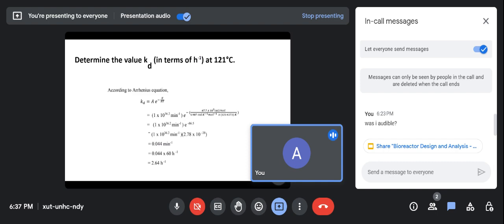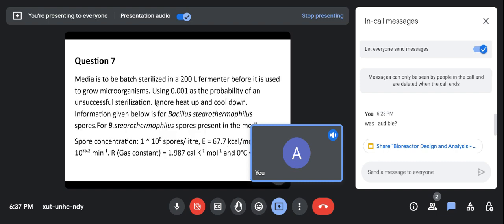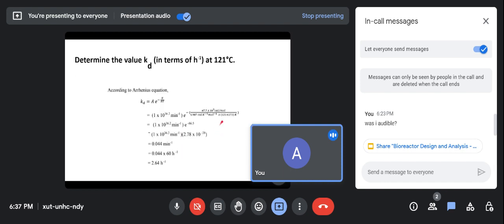Okay. So according to the Arrhenius equation, Kd is equal to A times e to the power of minus capital E by RT, right? So in this case, you have been given the value of A, of capital E, of spore concentration, and the temperature conversion factor too, right? So A is 1 into 10 to the power 36.2 per minute.